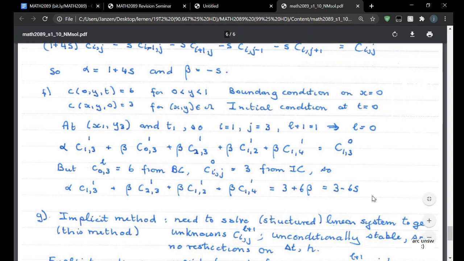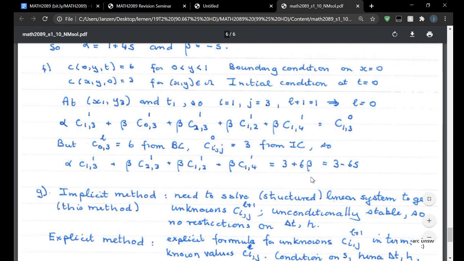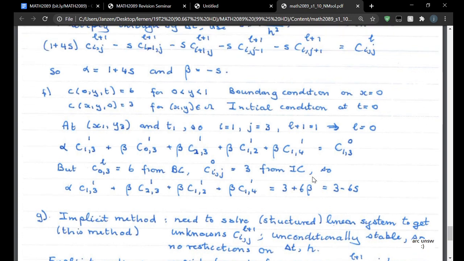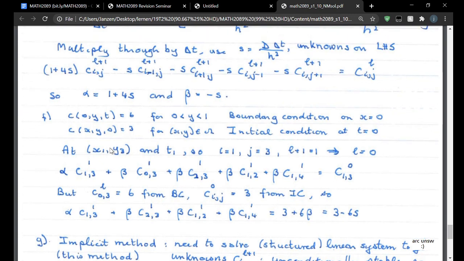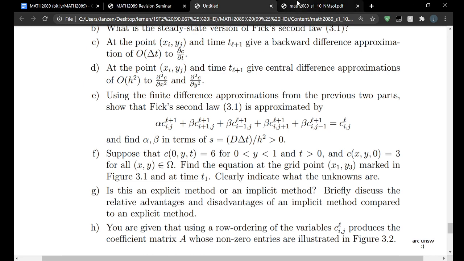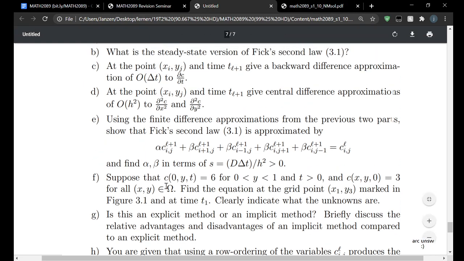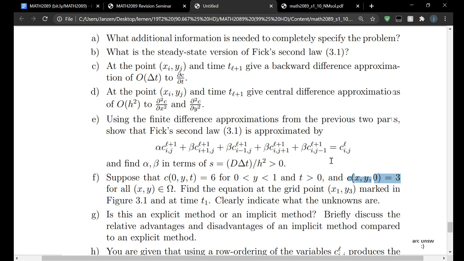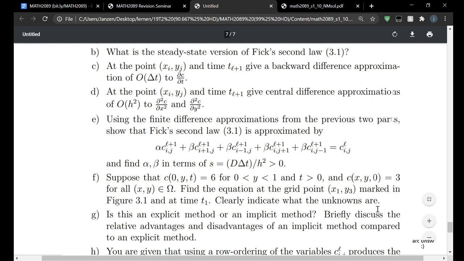Actually, this is quite confusing. Okay, so I guess they're using these values here as the values for the previous iteration to try to create the expression for this iteration here.